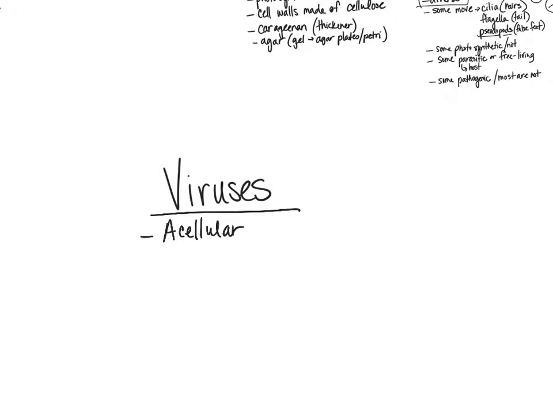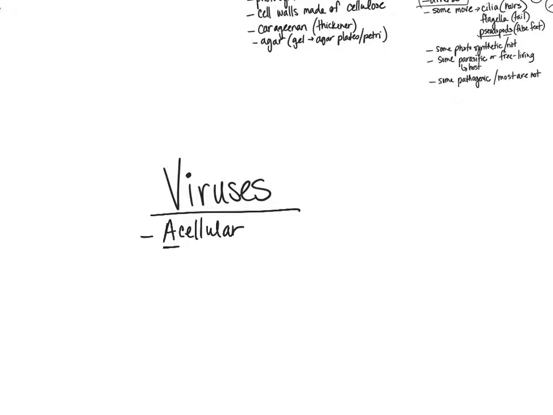acellular. So A means without. So they are not made of cells. When we talk about living organisms, one of the characteristics of a living organism is that it must be composed of cells. Viruses, therefore, since they are not composed of cells, are not considered living organisms. However, we need to study viruses, and they need to be put somewhere.